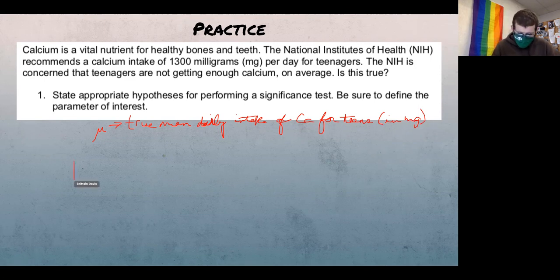Now we want to create a null hypothesis, which is H sub naught, and the alternative hypothesis, which is H sub A. You can write that as H sub 1, but H sub A is the more common way. Our null hypothesis, remember, is always equal. The parameter here is the true mean, so we're saying the true mean equals 1,300.